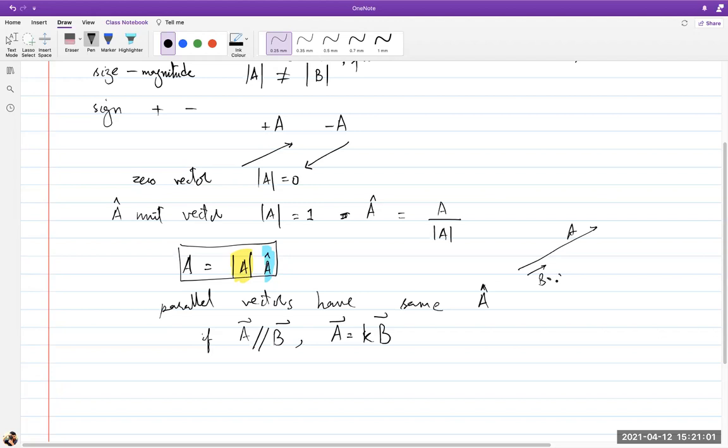So I can say that if b की length है 2 और a की length है 10, so I can say that because they're the parallel vectors, a is 5 times b or b is 1 by 5 times a. सही है ना? So basically any vector that is parallel, you can show them as a relation which is a equals to kb. और ये रिलेशन बहुत फायदे का है क्योंकि it allows us to find other vectors just given कि उनका यूनिट वेक्टर सेम है. ठीक है, तो as long as they're parallel you can use this.